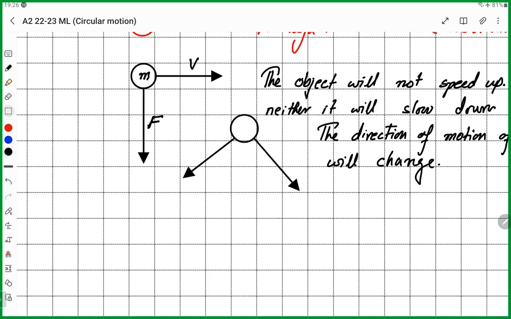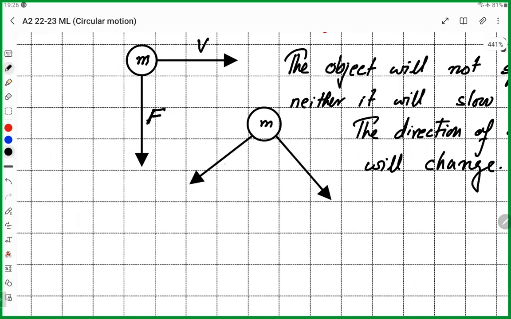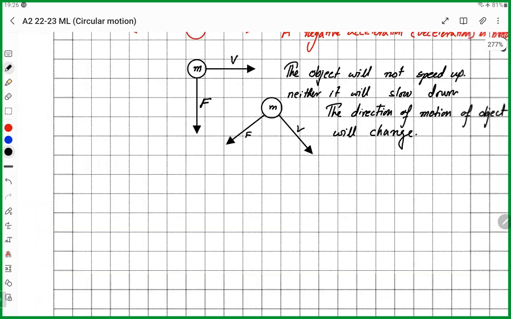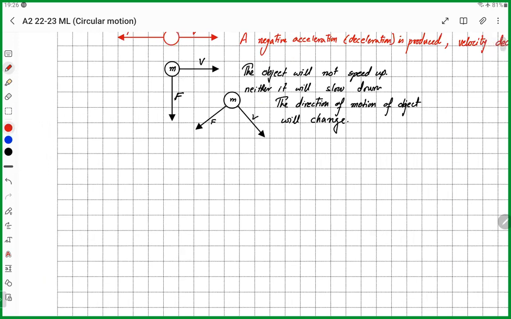So what will happen is, this is force, this is velocity. The object will change its velocity again.